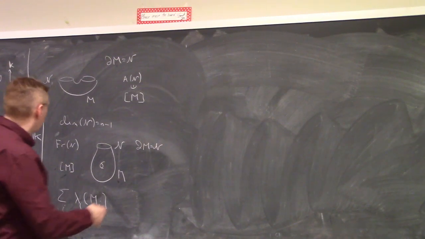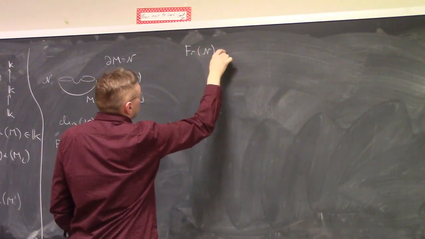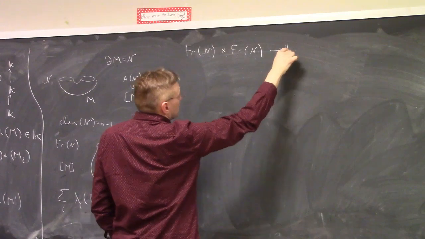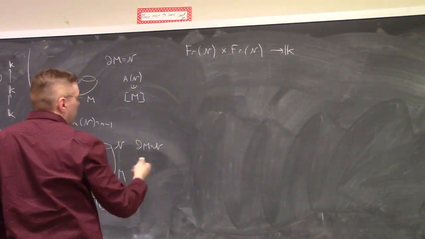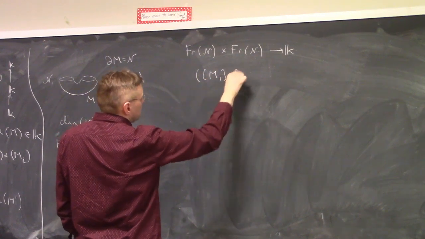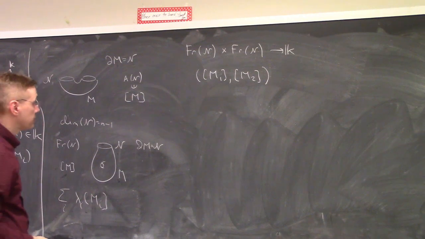Now let us define a bilinear form. The bilinear form is going to go from free of n times itself, free of n, into the ground field. So the bilinear form is the following one. Take two such manifolds M1 and M2 whose boundary is n.